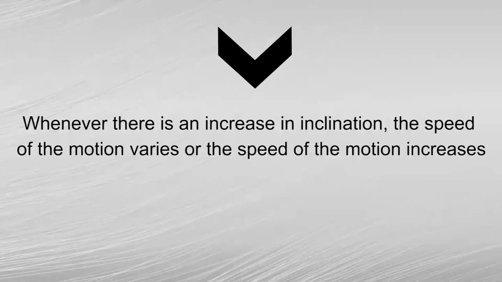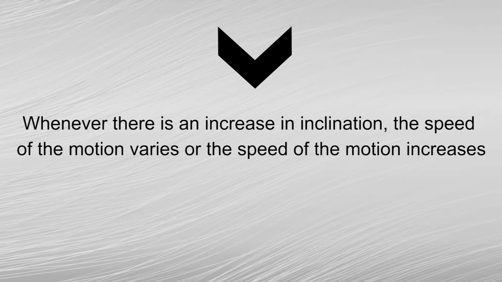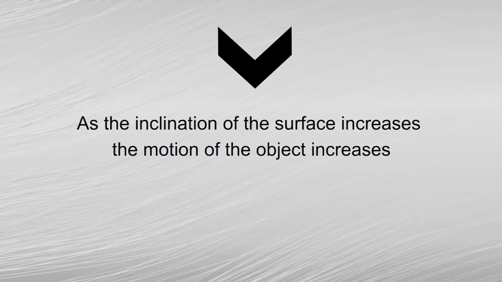and they observe that whenever there is an increase in the inclination, the speed of the motion increases, and they discuss among themselves and they come to a conclusion. As an inference, they could see that as the inclination of the surface increases, the motion or the speed of the object increases.